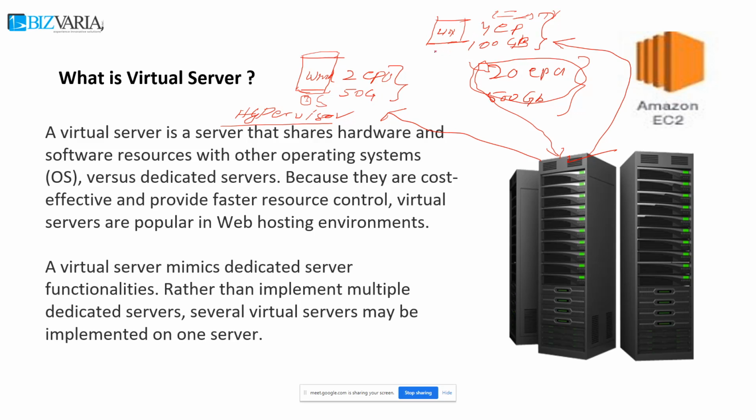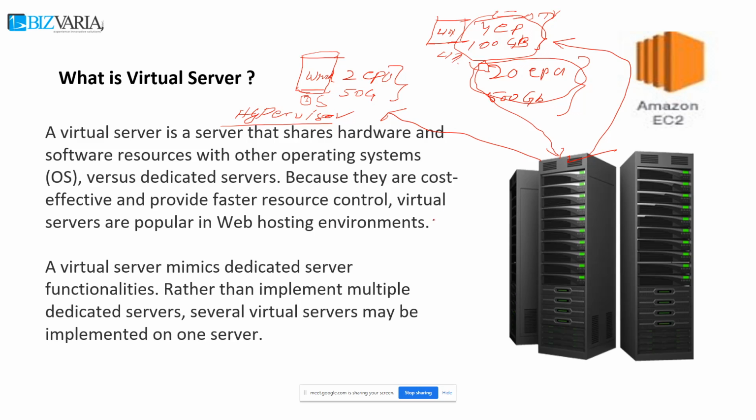Similarly, Fahad's machine is acting as an independent machine, and it is running Linux software on it with this much computing capacity. In fact, this computing capacity is not attached physically, but virtually. This hardware is assigning that much computing power to these 2 machines with the help of the software called hypervisor.